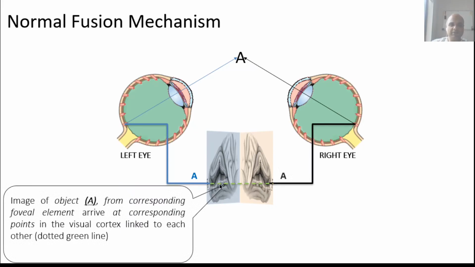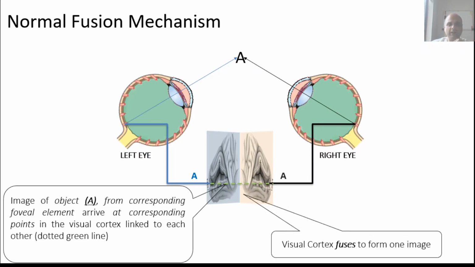And because the images coming from the two eyes are very similar to one another, the visual cortex is able to fuse these two images and present one image to the person, because these photoreceptors are aligned to the same point in space. Their paths are sending impulses from the same object.